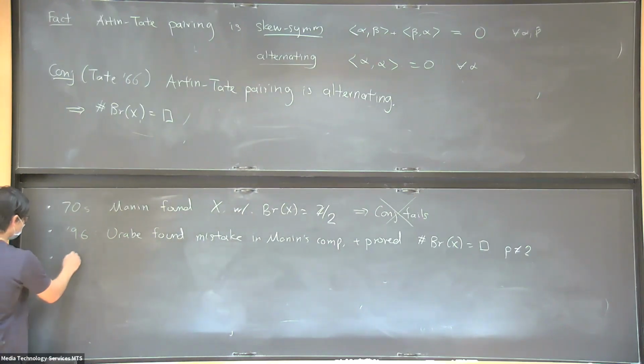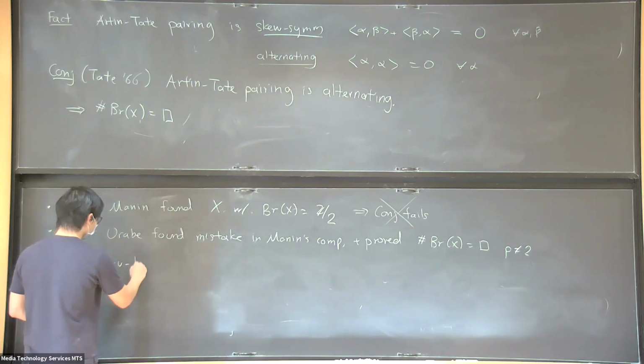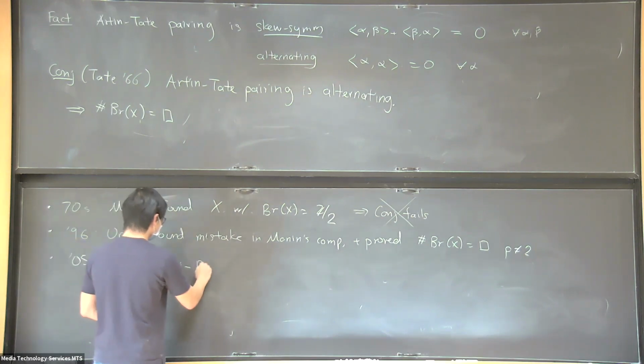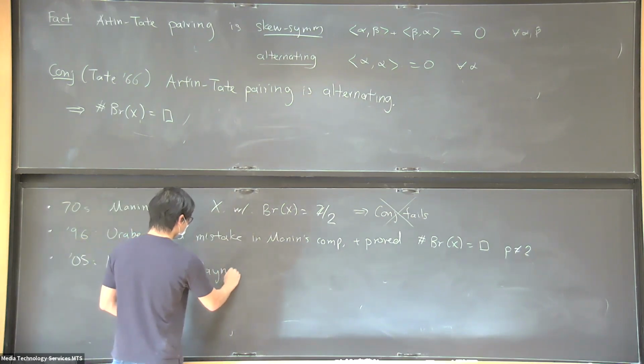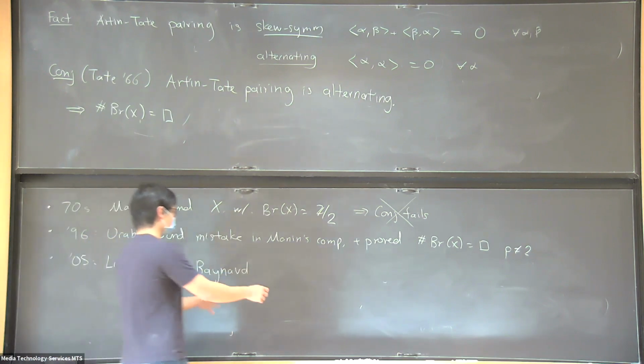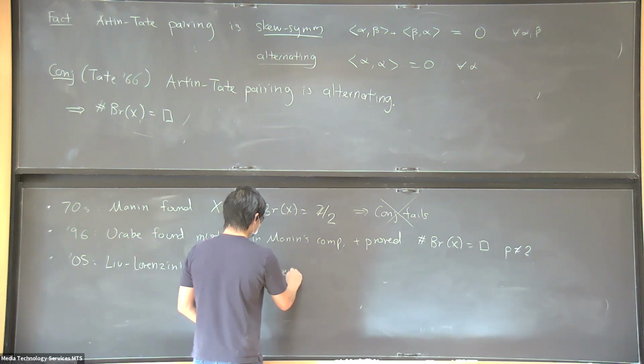And in '05, Qing Liu, Dino Lorenzini, and Michel Raynaud showed that the size of the Brauer group is a square even in characteristic 2.